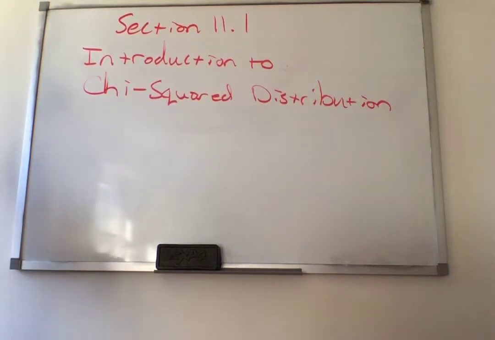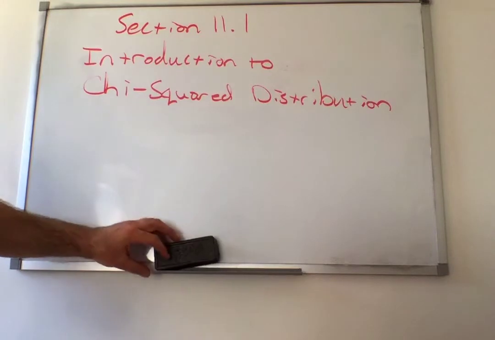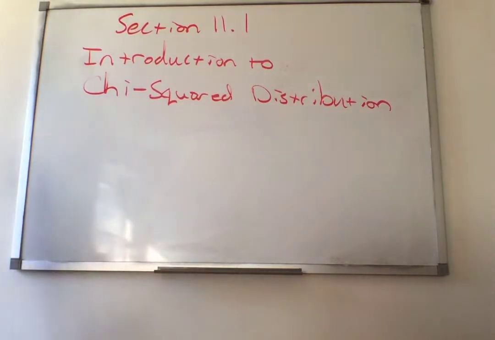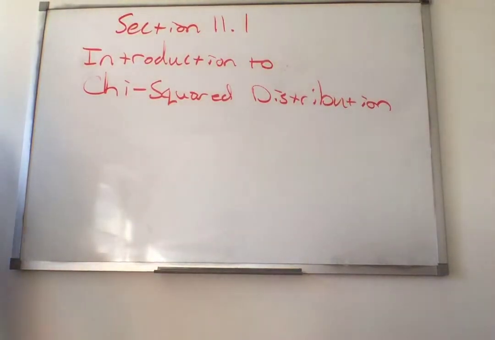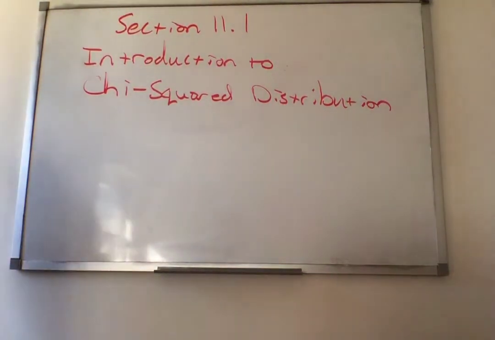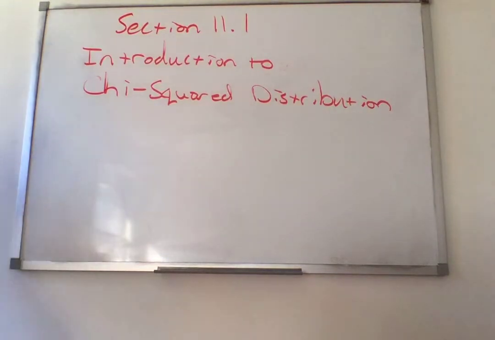Okay, now we're gonna do chapter 11. This gets grouped in with chapter 8 because the only thing we're gonna do in chapter 11 is how to make confidence intervals for the standard deviation. We talked about making confidence intervals for the mean and a proportion, and those are usually two parameters that we need when talking about any distribution.